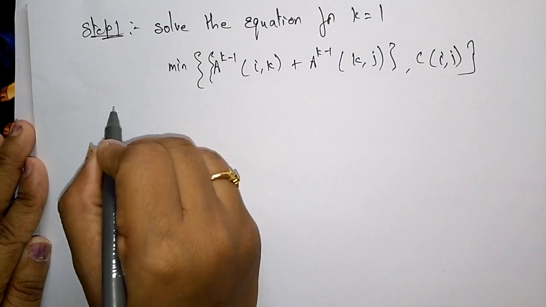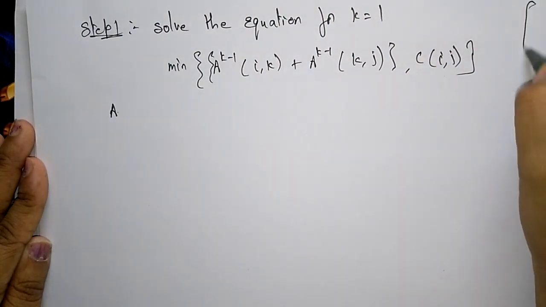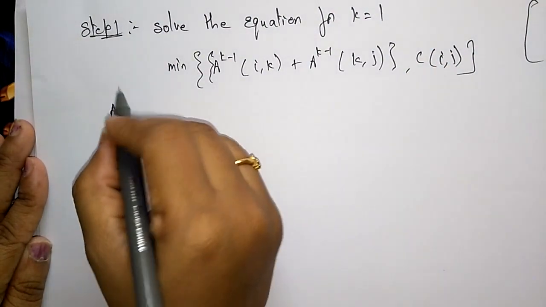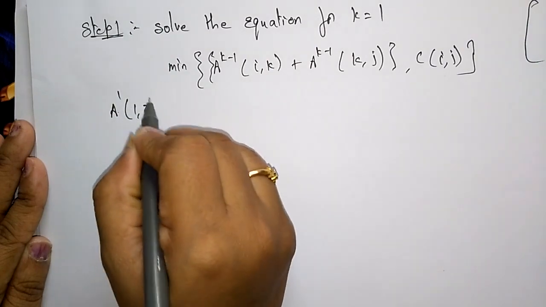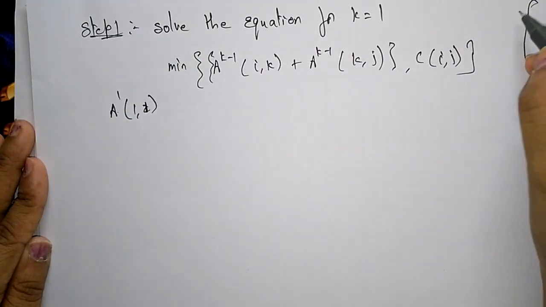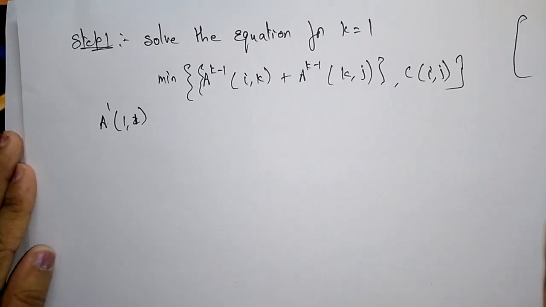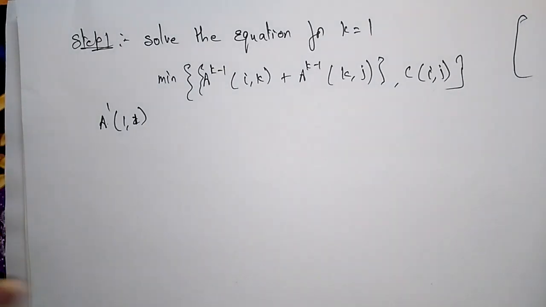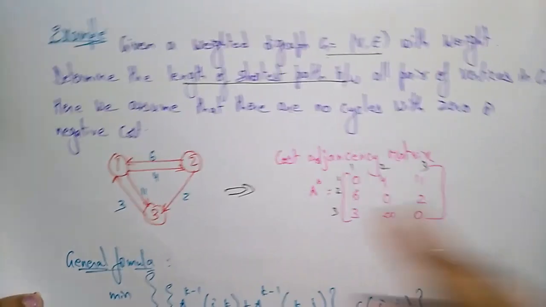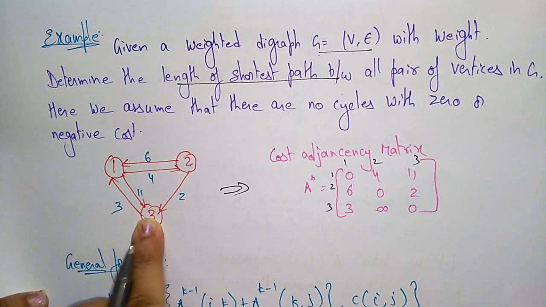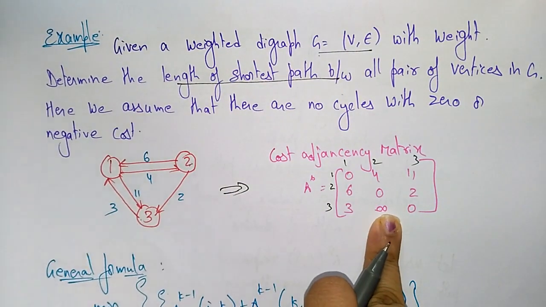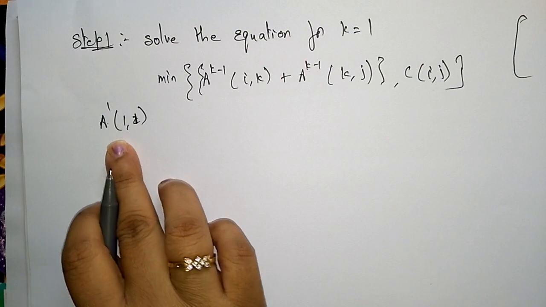Let us start. First we calculate A1(1,1). A0 we already know, that is the graph, and its cost is already given. Now we are finding the new paths, so let us take A1.